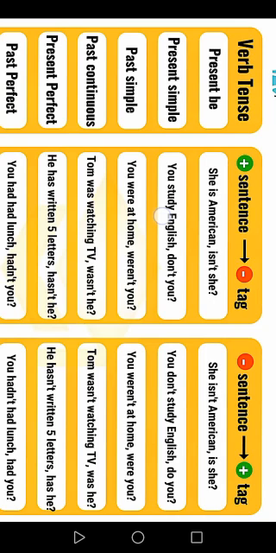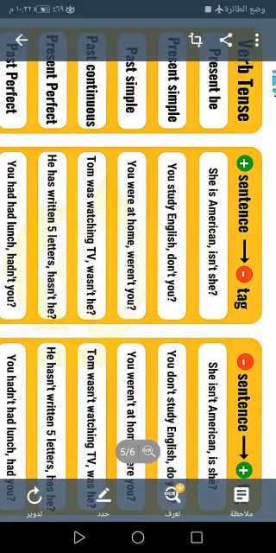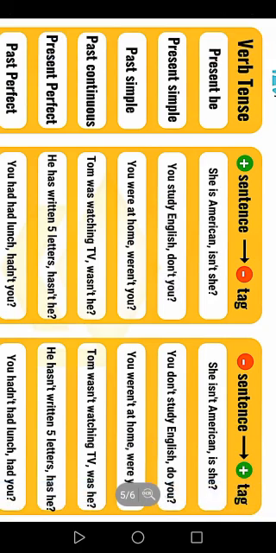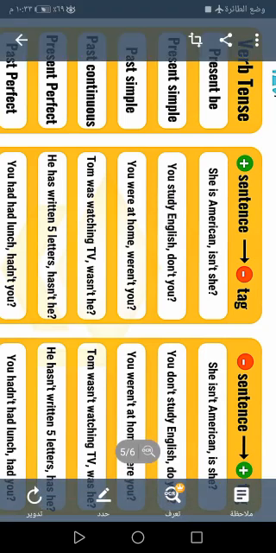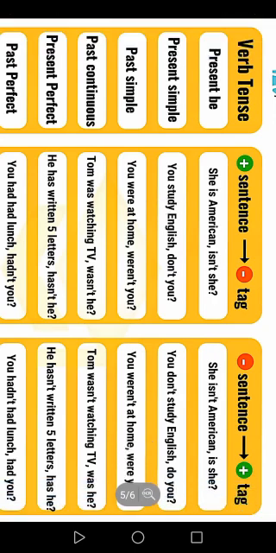Number 2, present simple tense. You study English, don't you? Here we don't have an auxiliary verb, but in the present we can put do or does. Here you comes with do.